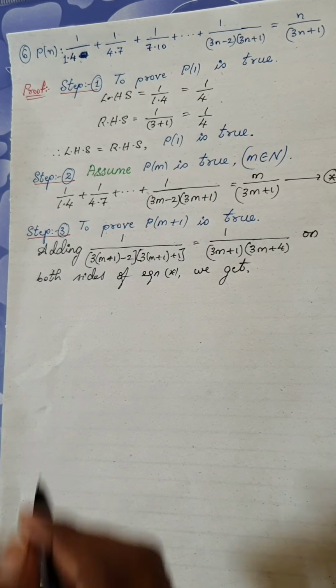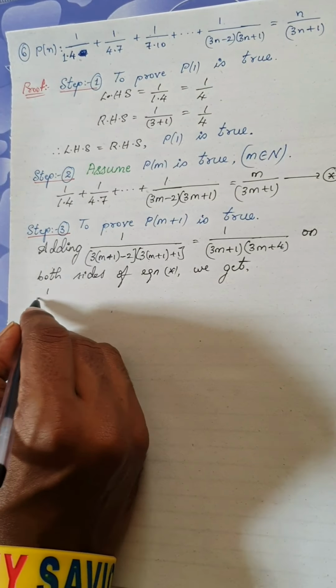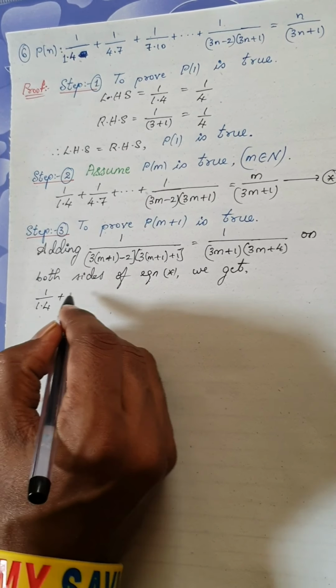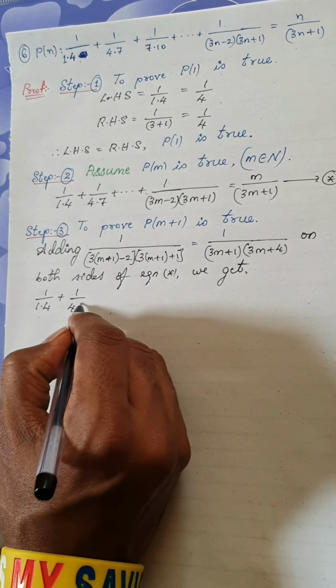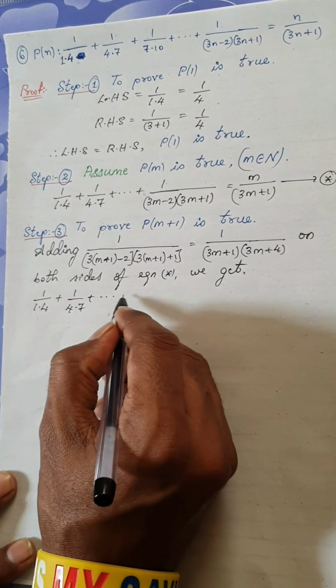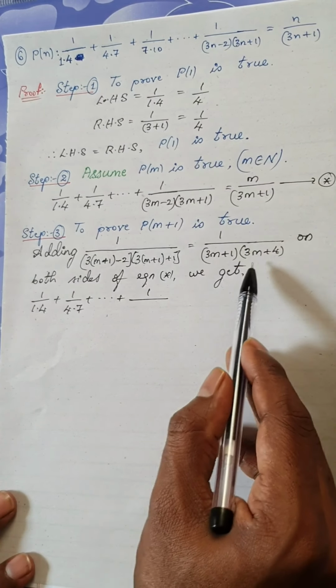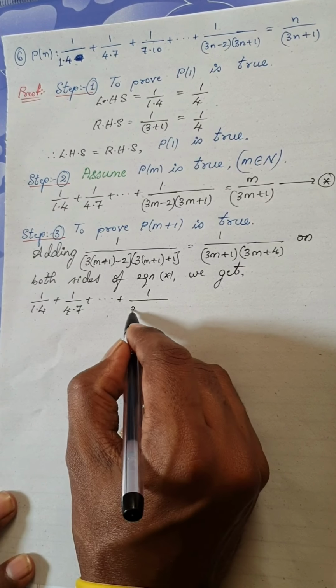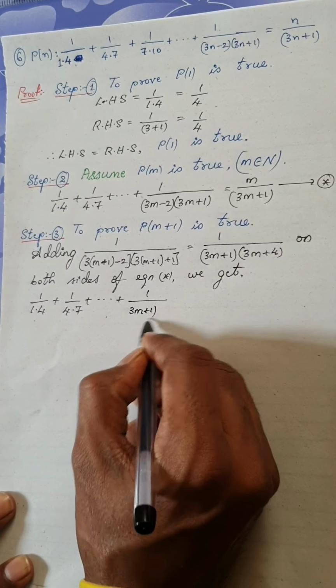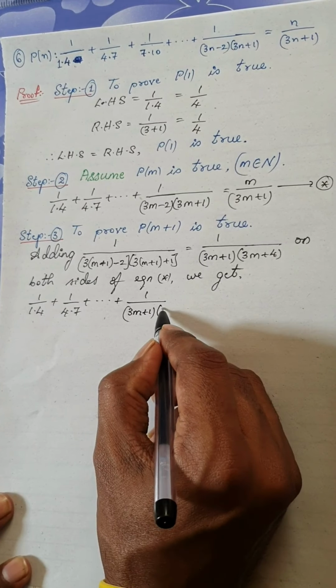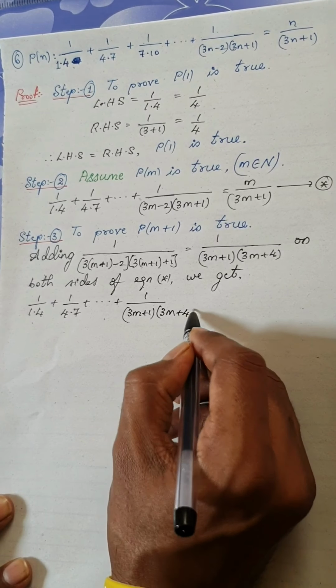See, it's quite simple. I will get 1 divided by 1 into 4 plus 1 divided by 4 into 7, moving on, 1 divided by... As I told you, instead of writing this term, if you write this term, it is understood that this term is added. So 1 divided by (3m plus 1) into (3m plus 4).